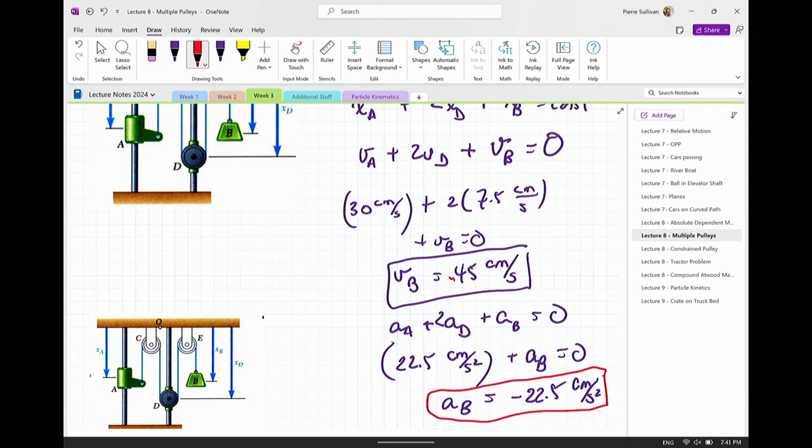Go ahead. This is where intuition fails. Intuitively, what I want, when I look at a problem like this, is that A and B drop and D rises. That's the intuitive answer.